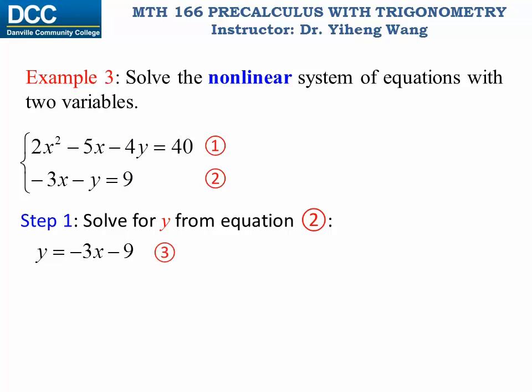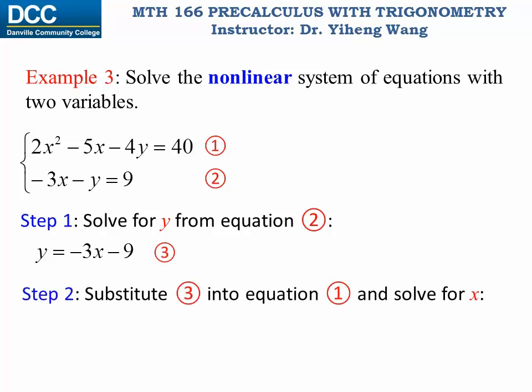Then step 2, we want to substitute this equation 3 that we just derived into the other equation that we didn't work with, which is equation 1, and then solve for x. So equation 1 now becomes this, with y substituted by negative 3x minus 9. And this is one equation with only one unknown.